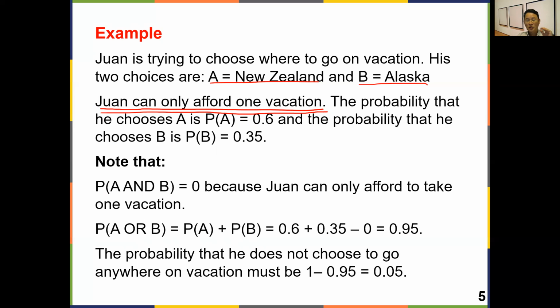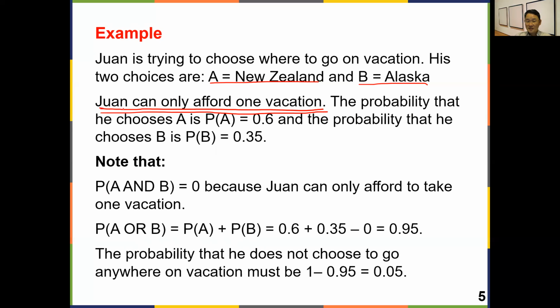That means you cannot go to New Zealand and Alaska at the same time. So these two events, going to New Zealand and going to Alaska, are mutually exclusive events, because you're not going to go to both at the same time.